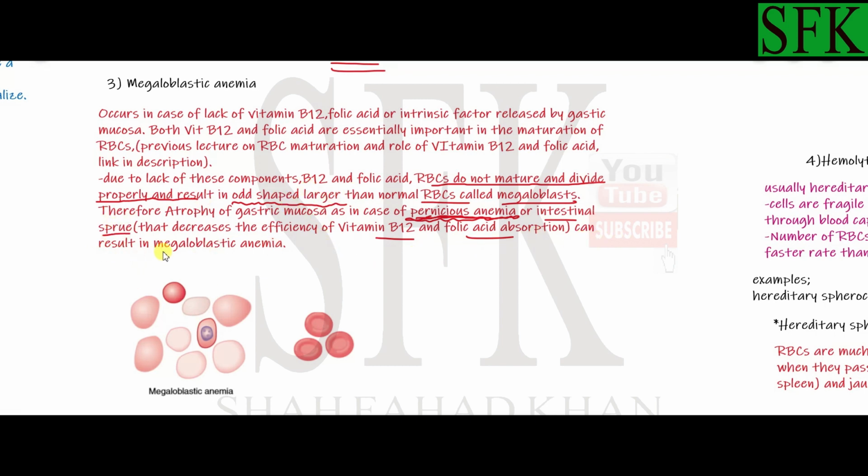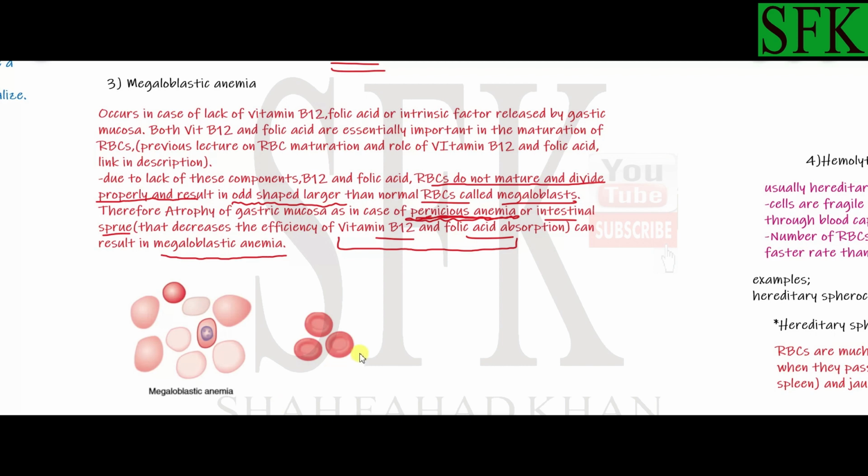So these two conditions, atrophic gastric mucosa in pernicious anemia, and sprue, may result in megaloblastic anemia due to lack of vitamin B12 and folic acid absorption.